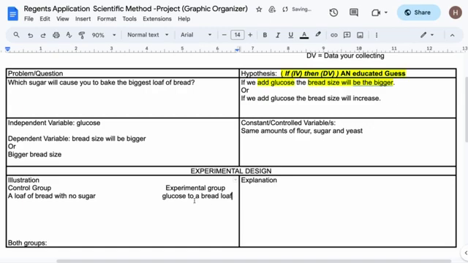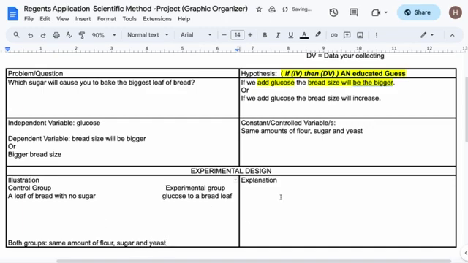Adding glucose to a bread loaf, okay? So the experimental group has glucose added to a bread loaf. The control group has a loaf of bread with no sugar, okay? What do both groups have? We basically just said that in our constant. Both groups have the same amount of flour, sugar, and yeast.